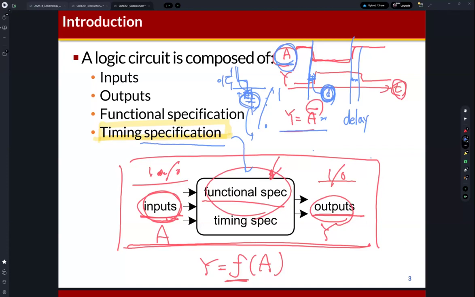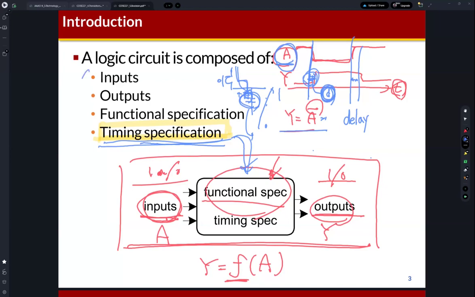Because of this time, we can observe delay in a circuit, which means we also need to specify timing characteristics, the timing property of a logic circuit. Because this is a real circuit, right?